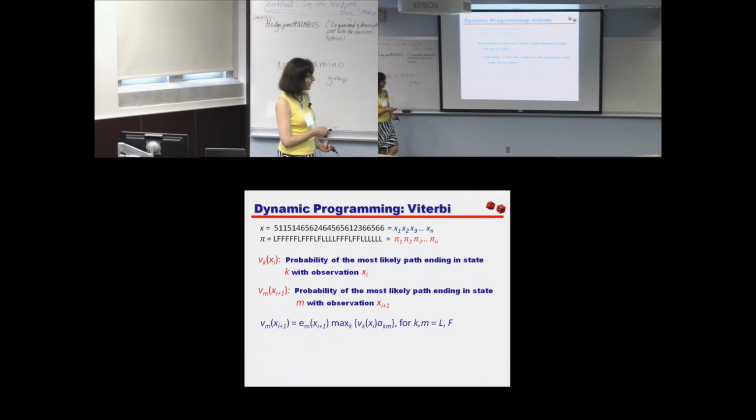So I'm taking the most likely probability that has taken me there, and I'm transitioning to the other state. And then, of course, I have to make sure that this M state emits the symbol that I want. And I will have the larger of those two taken, where K can be loaded or unloaded.